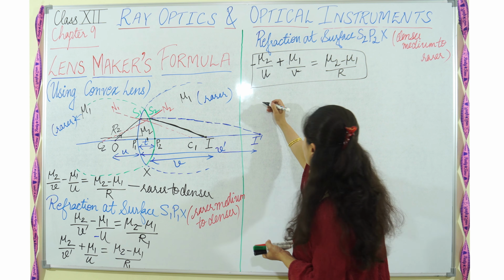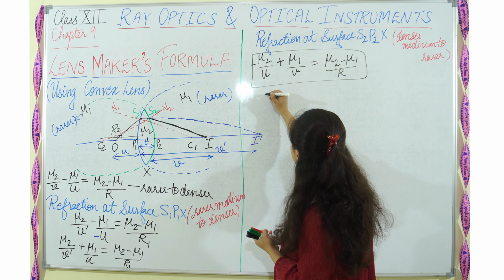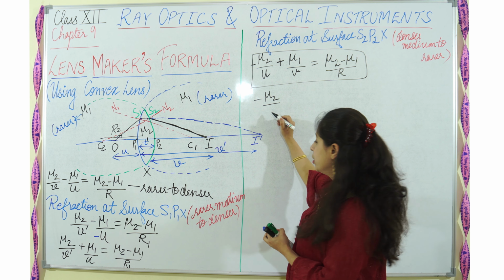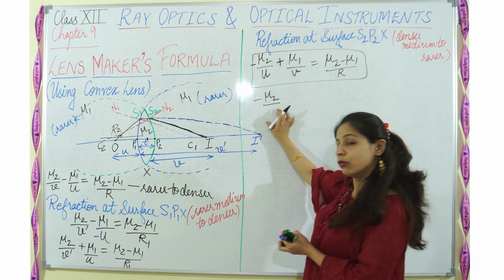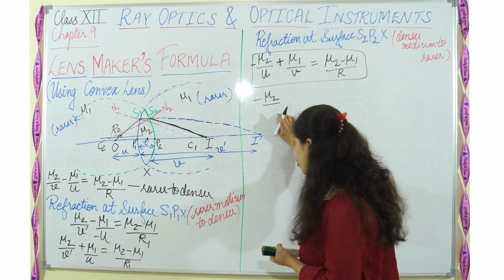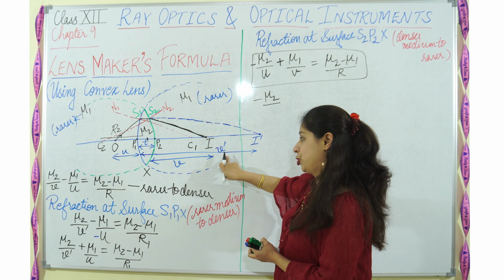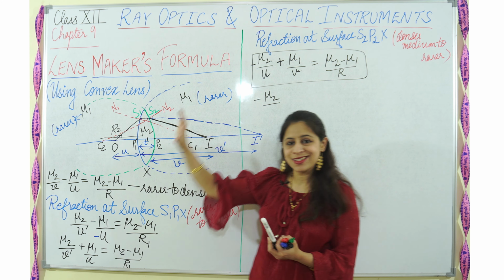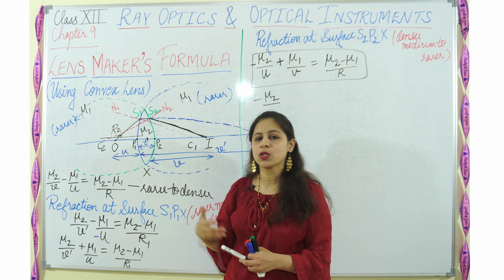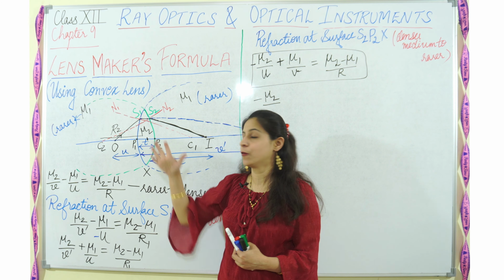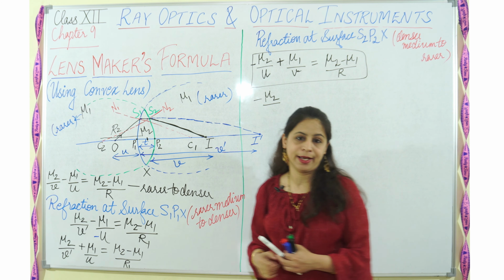So mu2 upon u is the virtual object. So the virtual object over here is v dash. The virtual image which was formed by the first surface now acts as a virtual object for the second surface S2P2X.